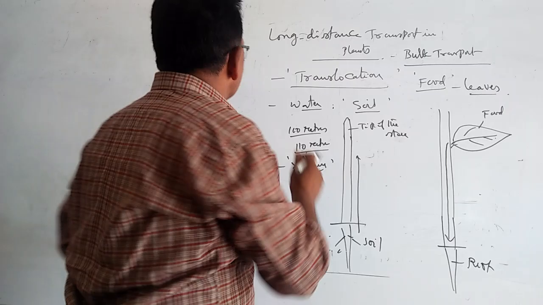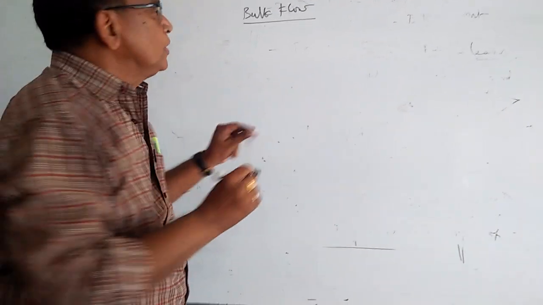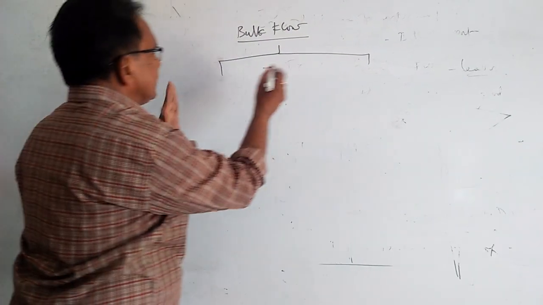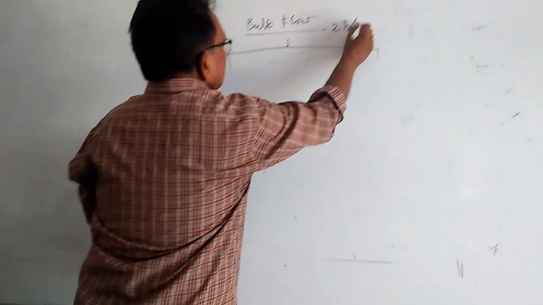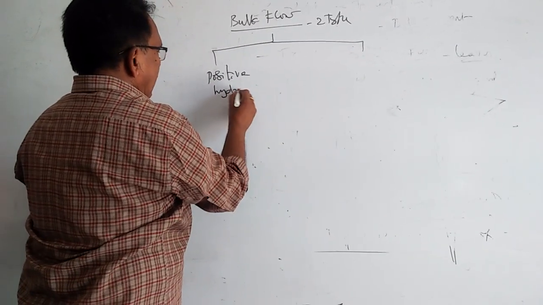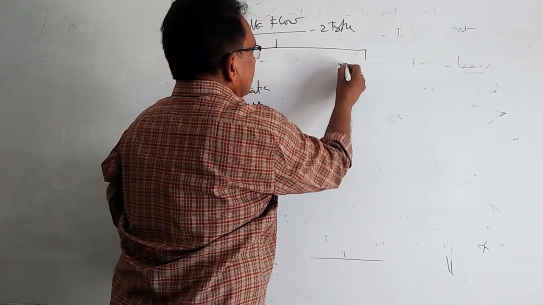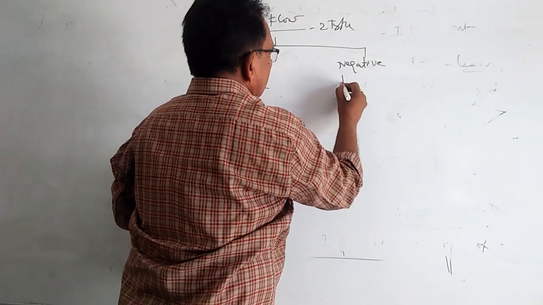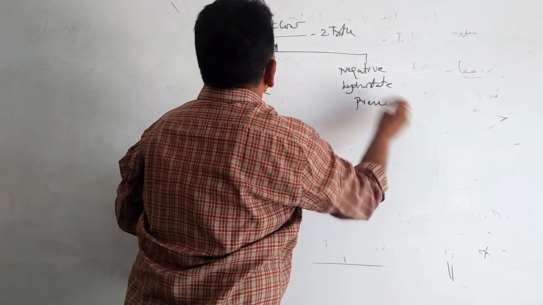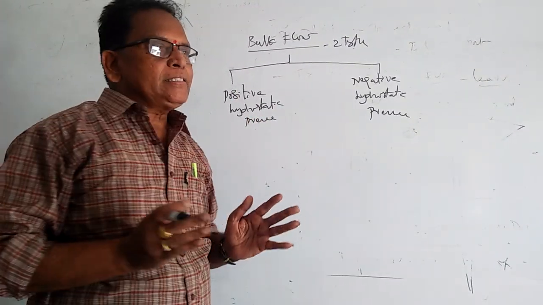And this bulk flow, or bulk transport, can be achieved in two ways: by positive hydrostatic pressure, or by negative hydrostatic pressure. So bulk flow means the movement of water or food materials in bulk.